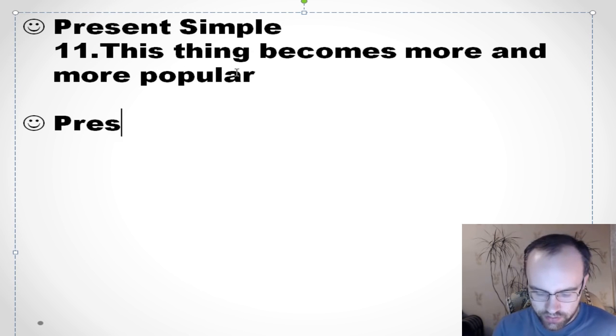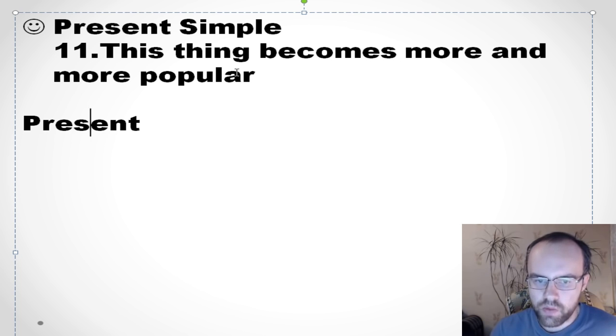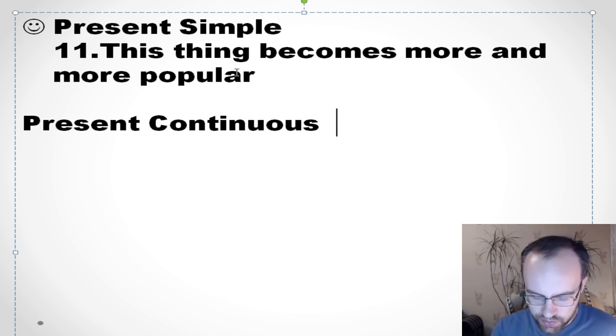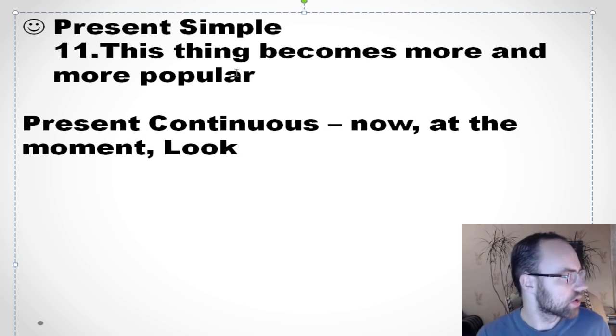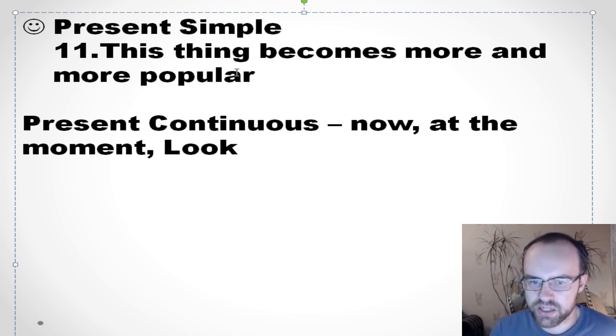When we talk about present continuous, you often see that we use it with now, at the moment, or phrases like look, it's raining, for example. And that's it, that's all. But no, the list is longer.